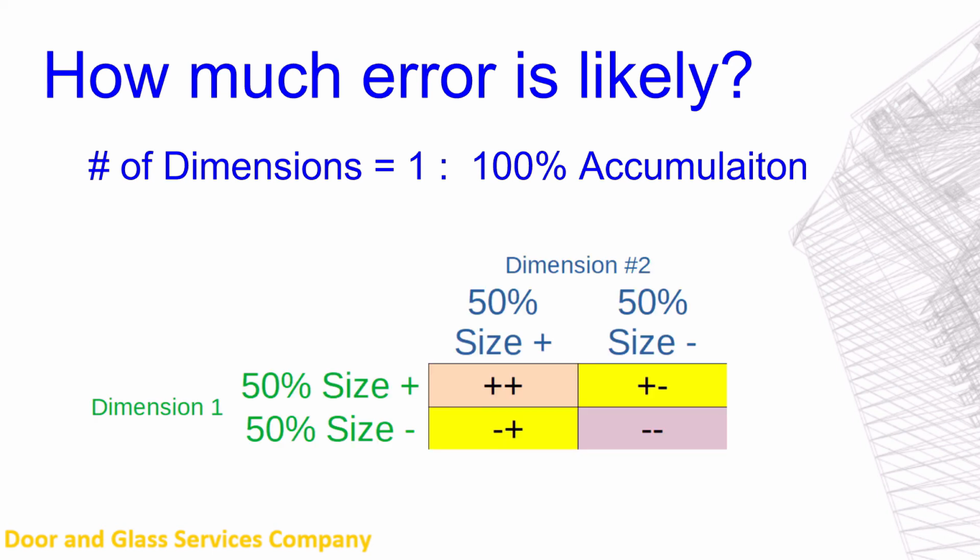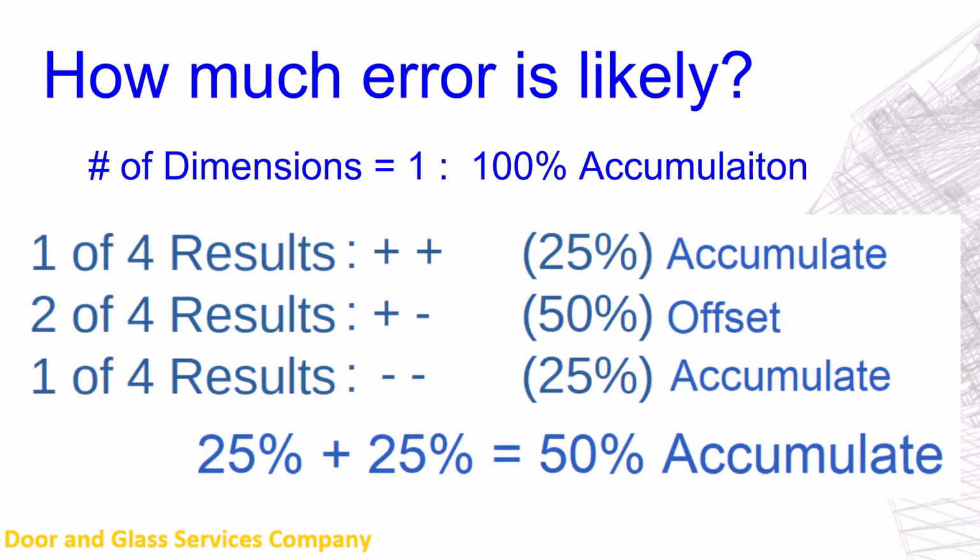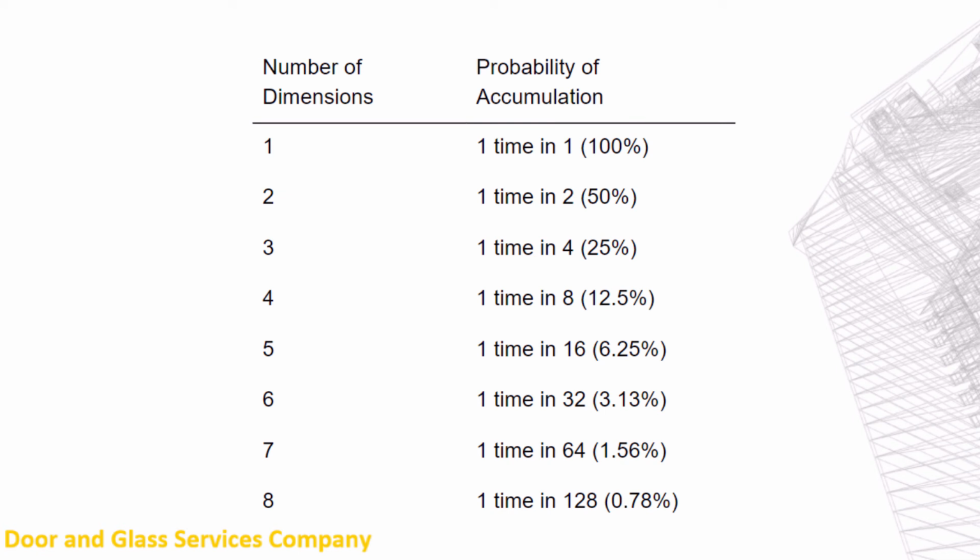The probability that 2 errors work to offset one another is 50%. The probability that 2 errors accumulate to produce a larger error is also 50%. As the number of dimensions increases, the actual probability that all dimensions accumulate declines.